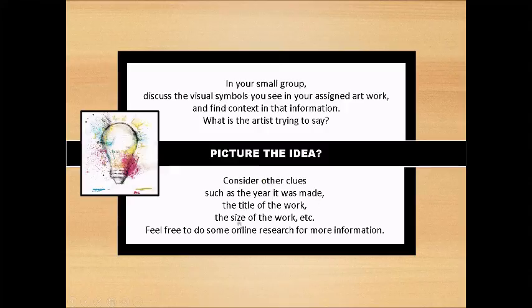You can consider the year it was made, title of the work, size of the work, etc. And you can do online research to discover other information. You will write this down on a sheet of paper and turn that into me on your return to class.